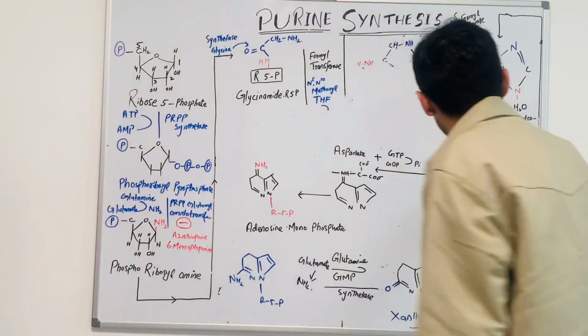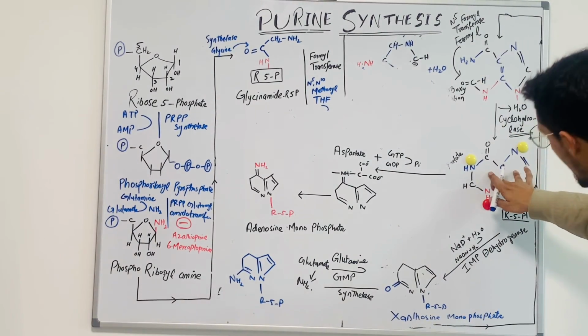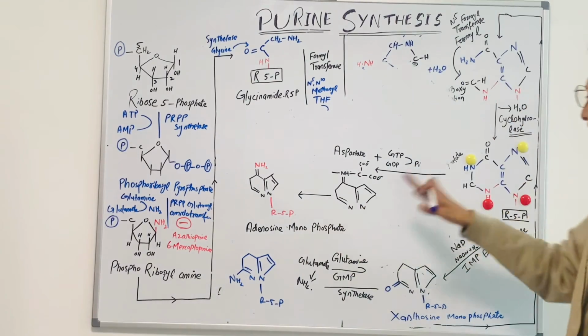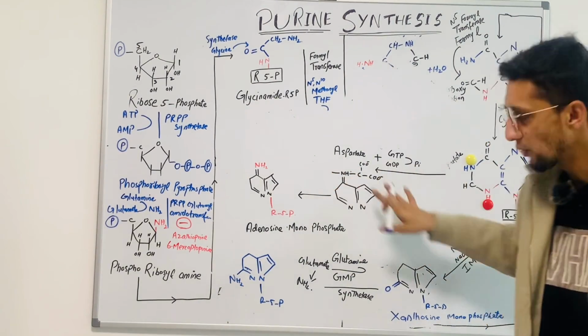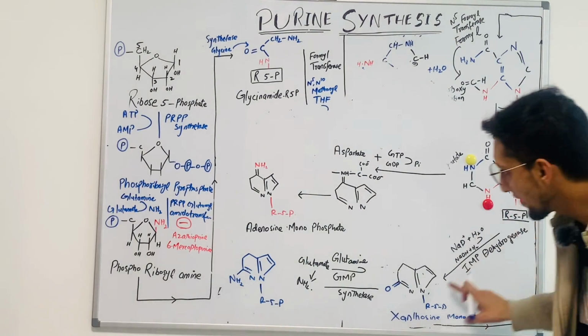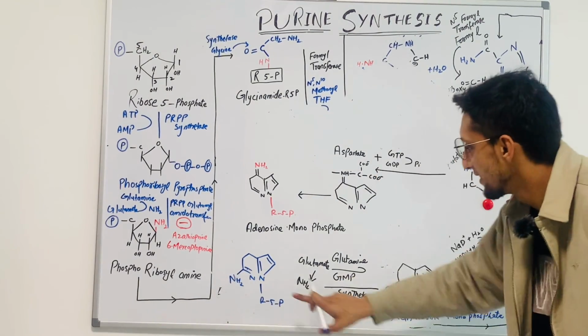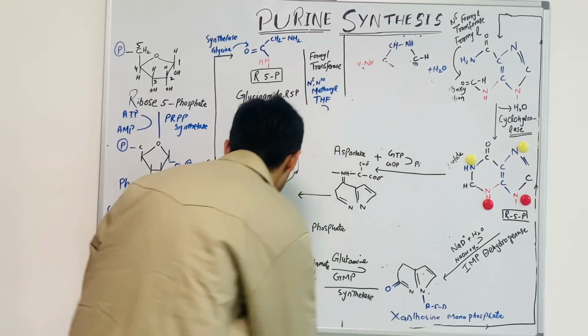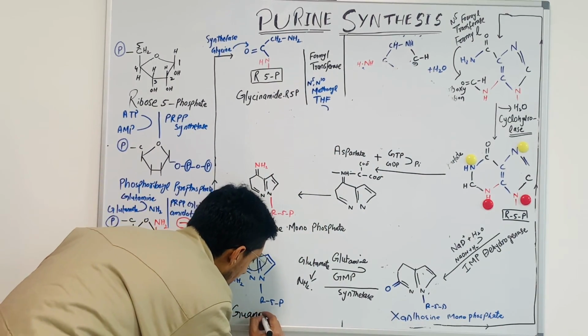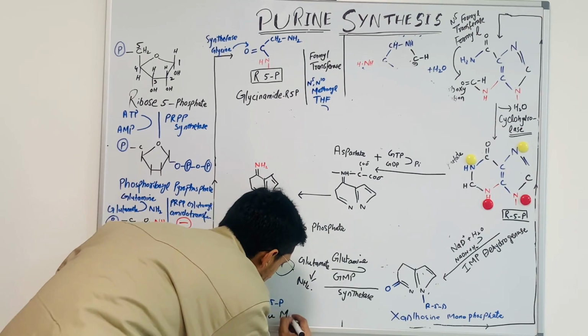Now see that if inosine has an amine portion on the top, it is adenosine monophosphate by this whole reaction. And if another amine is attached here, this will become guanosine monophosphate.